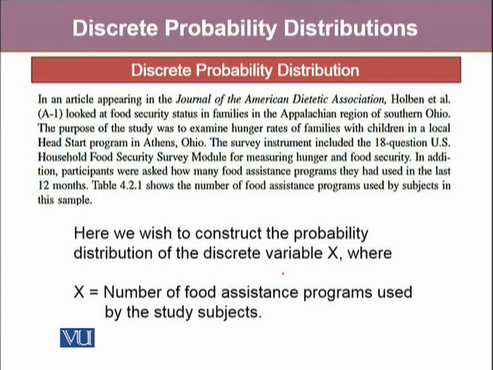Let's take an example where a survey was conducted and respondents were asked if they have signed up for various food assistance programs in the United States. This study was conducted in the Appalachian region of Southern Ohio.